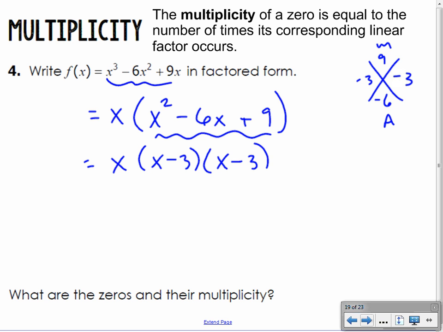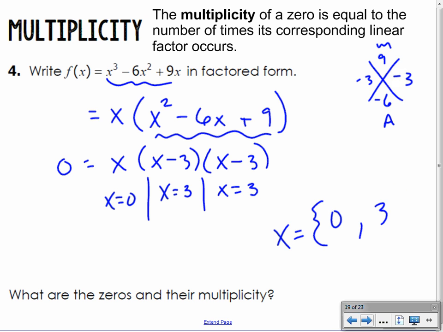So that means if I'm finding my zeros, I get two solutions, or two zeros at 3. So what we say is we have zeros of 0 and 3, but this zero of 3 has a multiplicity of 2 because its corresponding factor occurred twice in the factored form.